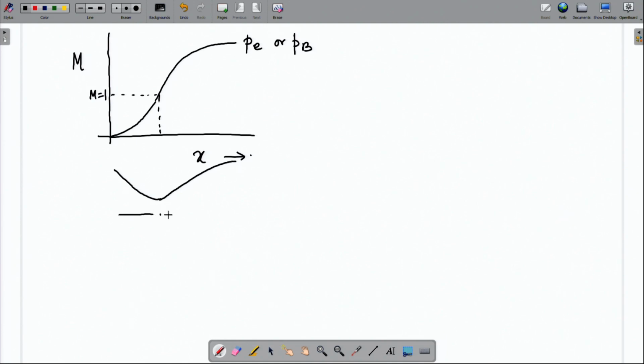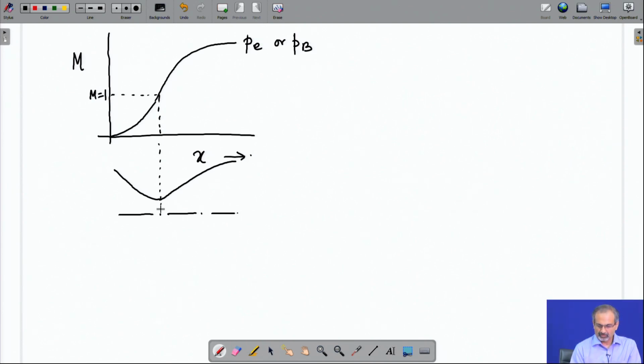We are just drawing half of the nozzle because it is symmetric. If you have an isentropic flow beyond the throat where the flow can accelerate further, this is the supersonic branch of the flow. This is the subsonic branch, and remember that this branch is now frozen.